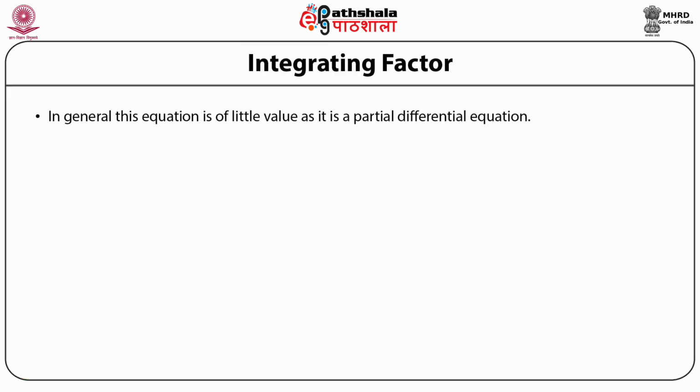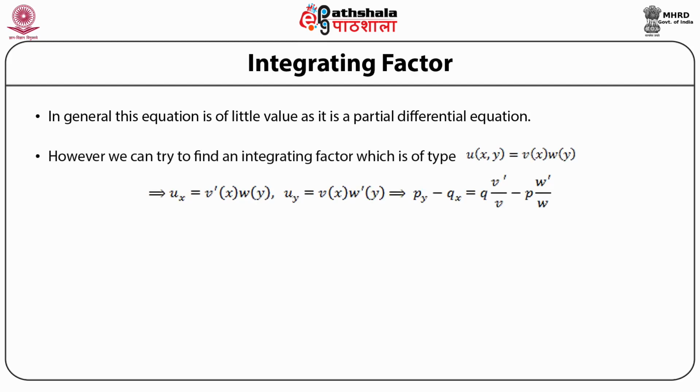In general, this equation is of little value because to find u, we need to solve a partial differential equation, which is an infinitely more arduous task. However, we can try to find an integrating factor which is a product of a function of x and of y if such an integrating factor exists.